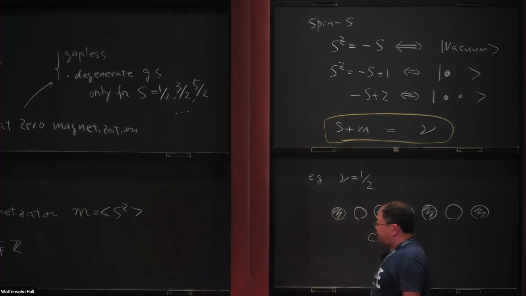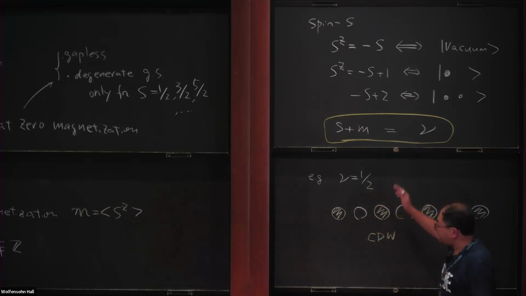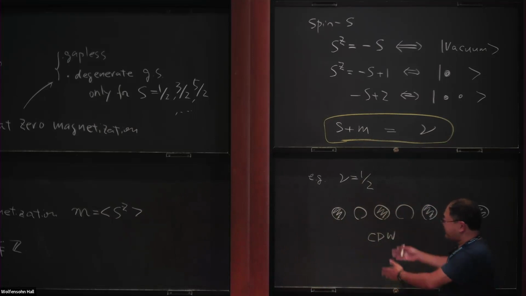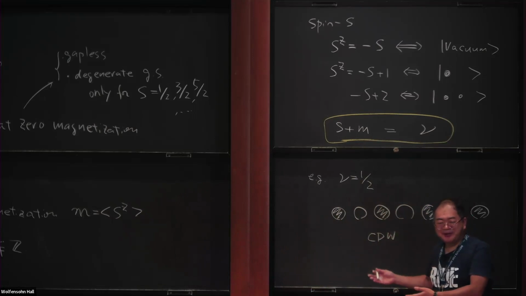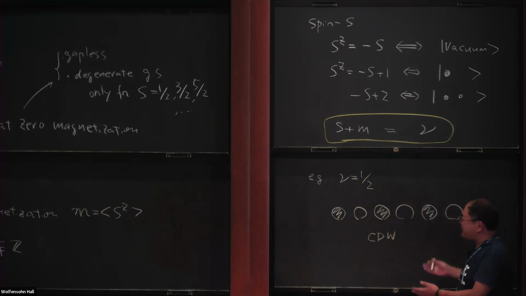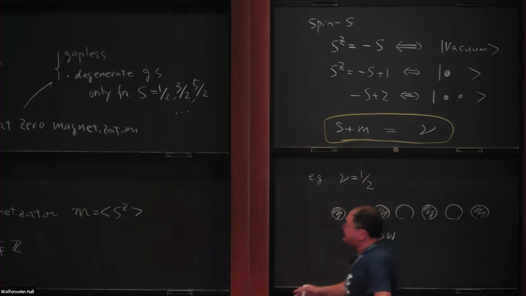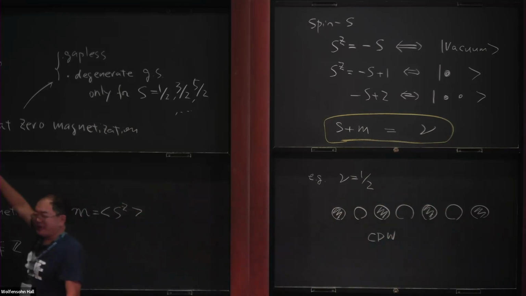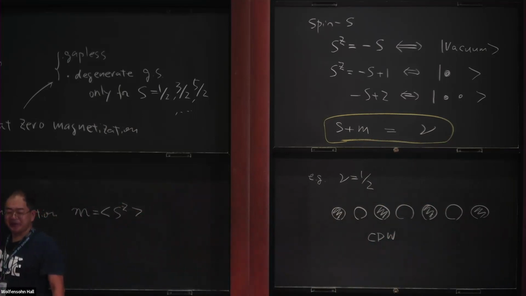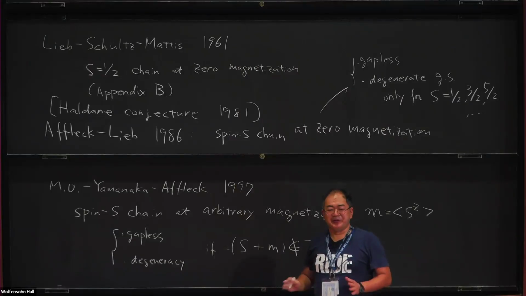And actually, when I wrote this paper, somebody came to me and asked, isn't this totally trivial? And maybe it is, but if that is trivial, then you can go back to the Haldane conjecture. The Haldane conjecture was initially very mysterious, and few people believed it.